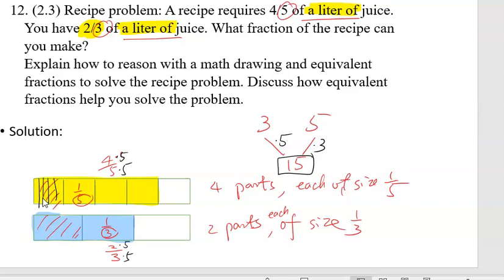Oh, I guess I had it backwards here. Sorry. For the second fraction, 2/3, we multiply by 5, so we divide each bigger part into 5 equal parts.